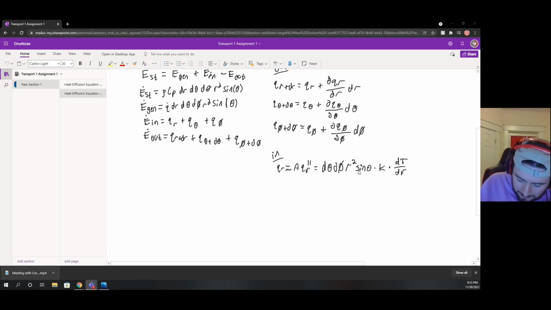For our next term, our Q_theta is equal to our area times the heat flux of theta. The area is going to be the plane in which the heat flows through in the theta direction, which is dr d phi r sine theta.